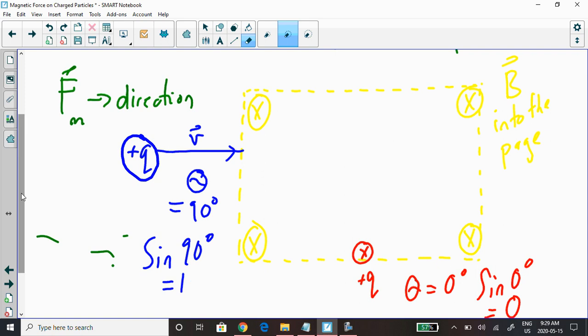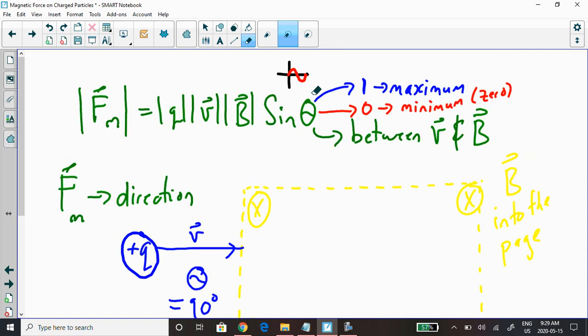So if we go back into this equation, we would get a 1 here, and that would be the maximum amount. So what I'm telling you is that the magnitude of the force is at a maximum when the angle between the magnetic field and the velocity is 90 degrees. There you have it. 1.